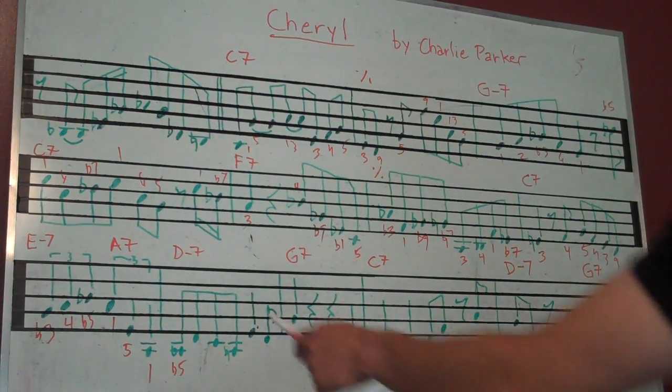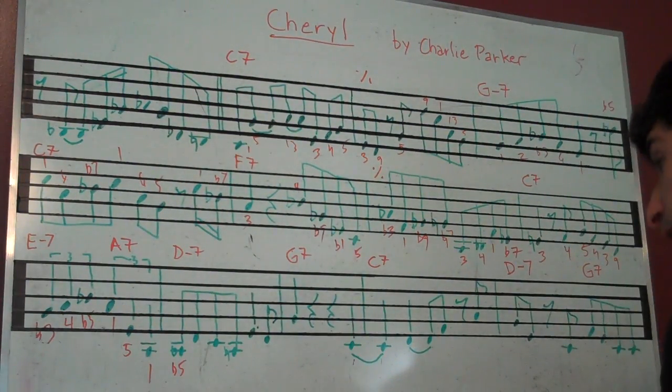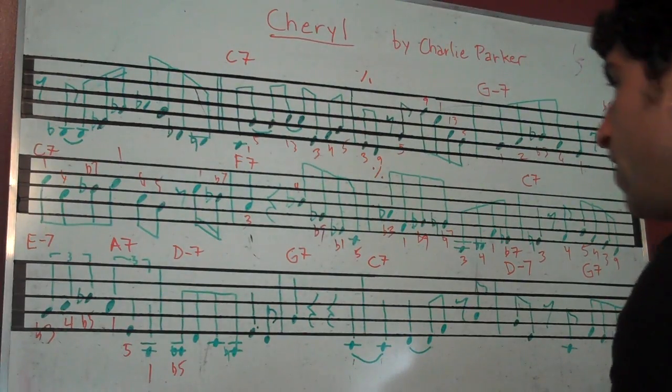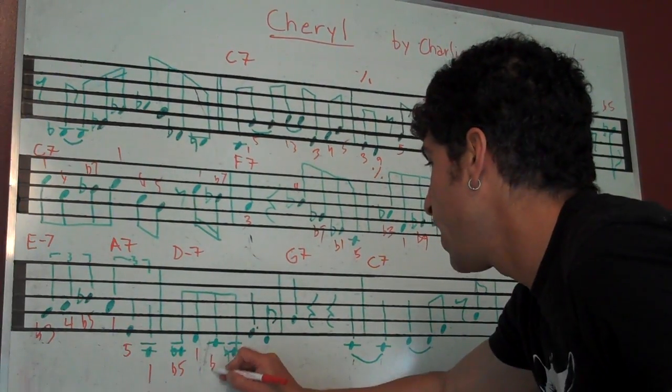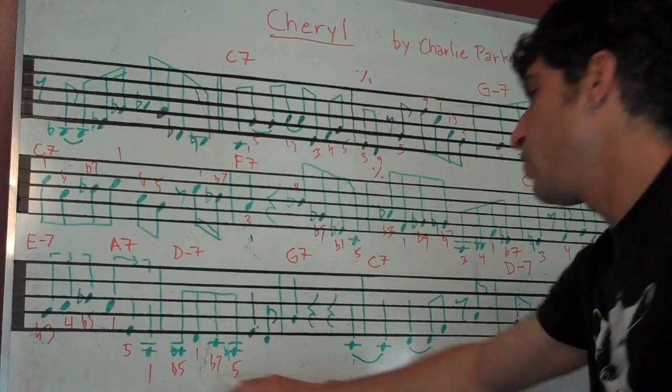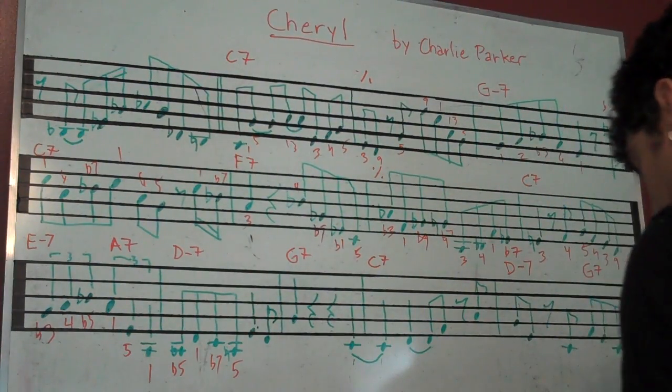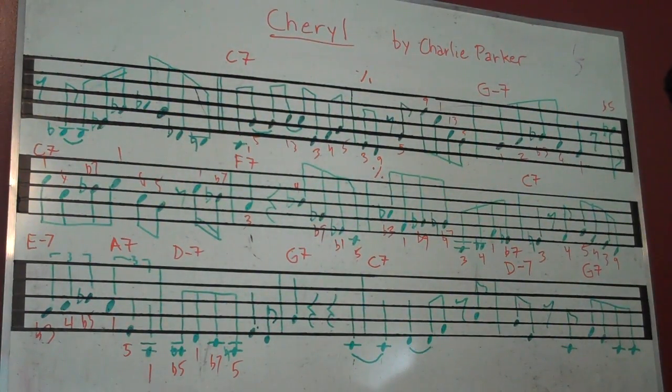So in this chord, he's got A dominant 7, notice what he does. He's going 1, flat 7, and then he goes to the 5. So he kind of tricks your ear by first playing this. So D minor, and then he's got flat 5, so D minor 7 flat 5 almost.